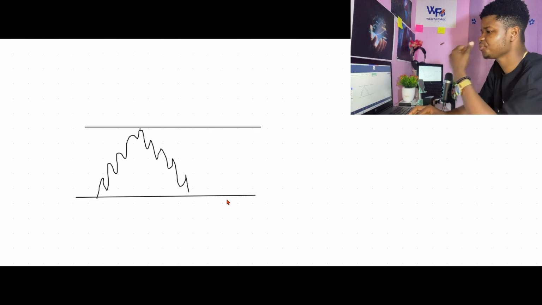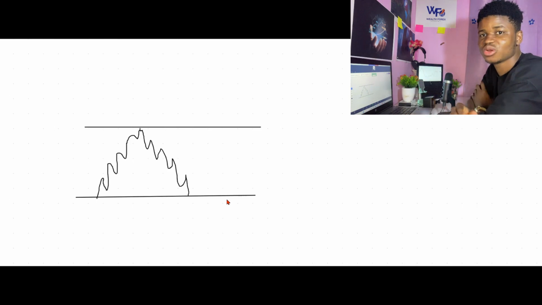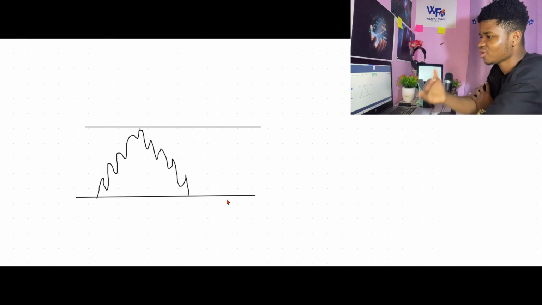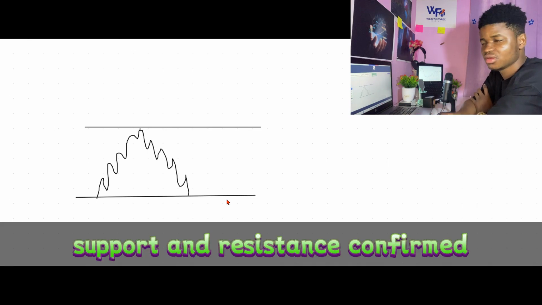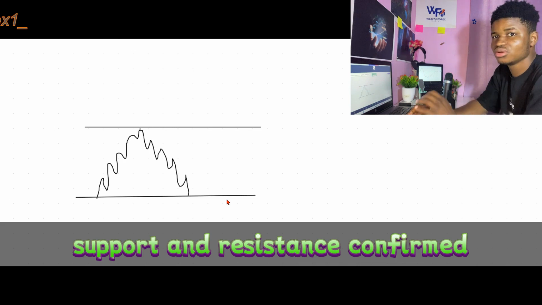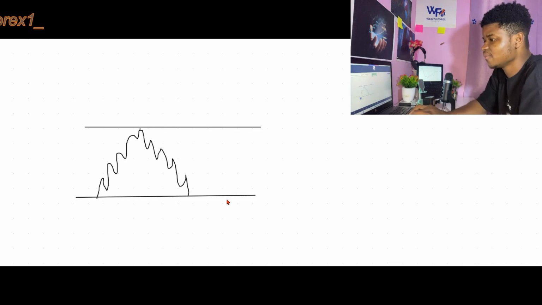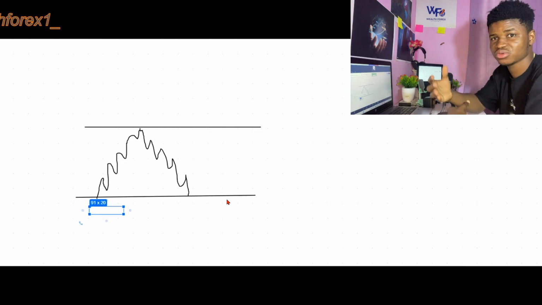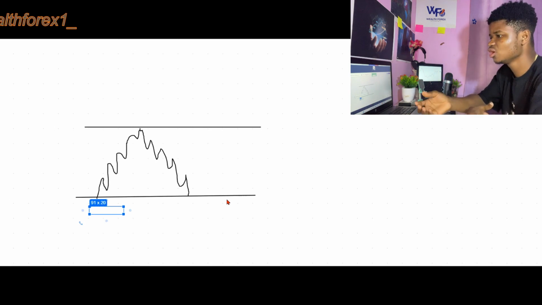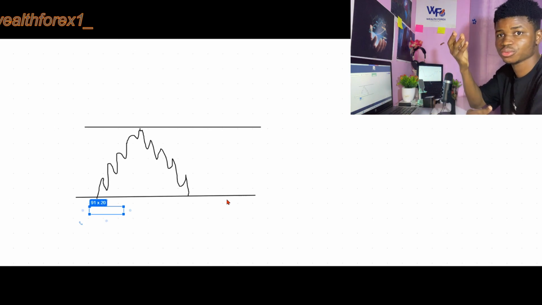Now at this point, two things have been confirmed. We have our support, and we have our resistance. Where is our support? Our support is at the ground. The word support means something that helps something. So this is going to help you push it up.